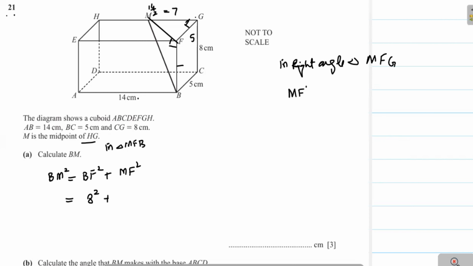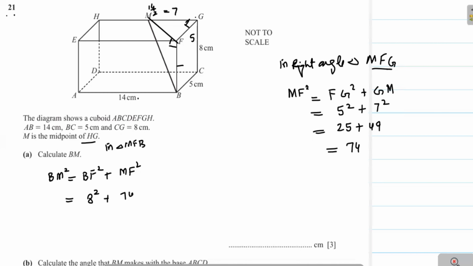This is the hypotenuse of the triangle MFG. Therefore, hypotenuse square will be equal to FG square plus GM square. And FG is 5 square and GM will be 7 square. And that will be equal to 25 plus 49, and this would be equal to 74.